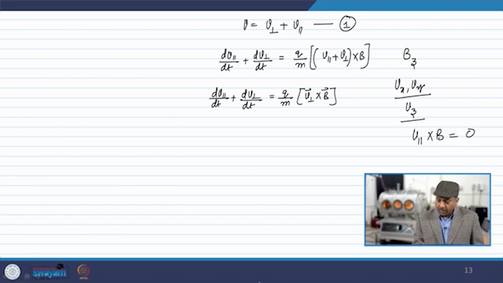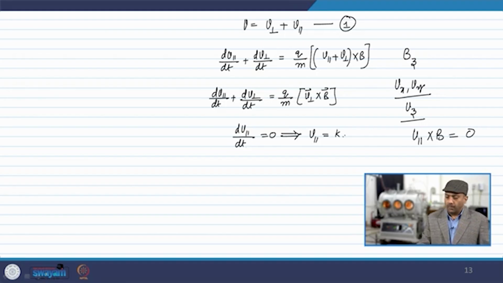Now, let us say we split this equation into two equations. dv parallel by dt is equal to 0, which means v parallel will remain a constant, and dv perpendicular by dt is equal to q by m times v perpendicular cross b.